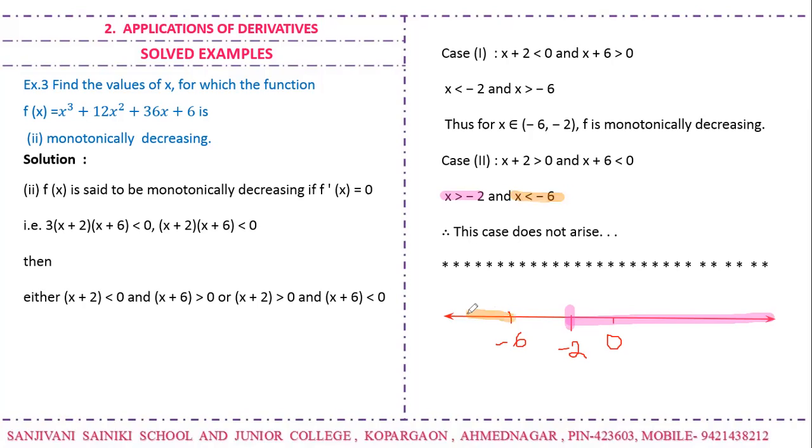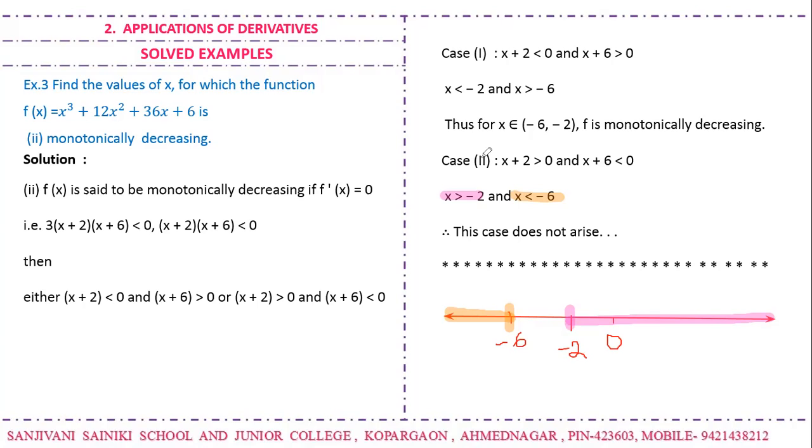So there is nothing common between them. We can't choose a single x which will satisfy both conditions. There is no real number which is greater than minus 2 and also less than minus 6.